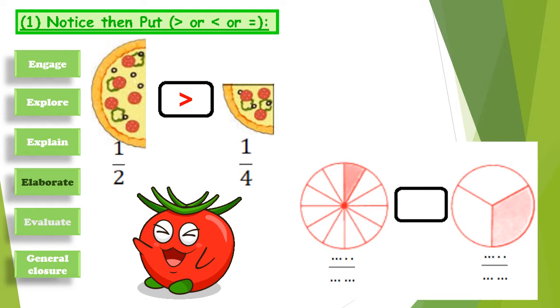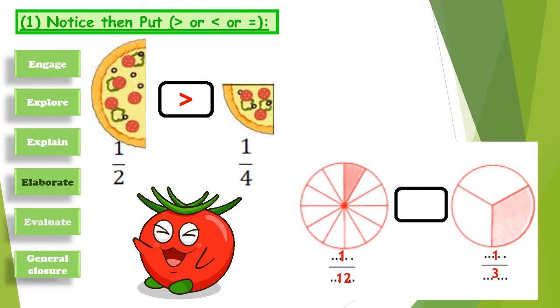First, write the fraction. 1 over 1, 2, 3, 4, 5, 6, 7, 8, 9, 10, 11, 12. It's 1 out of 12. And here 1 out of 3, because it's 3 parts.